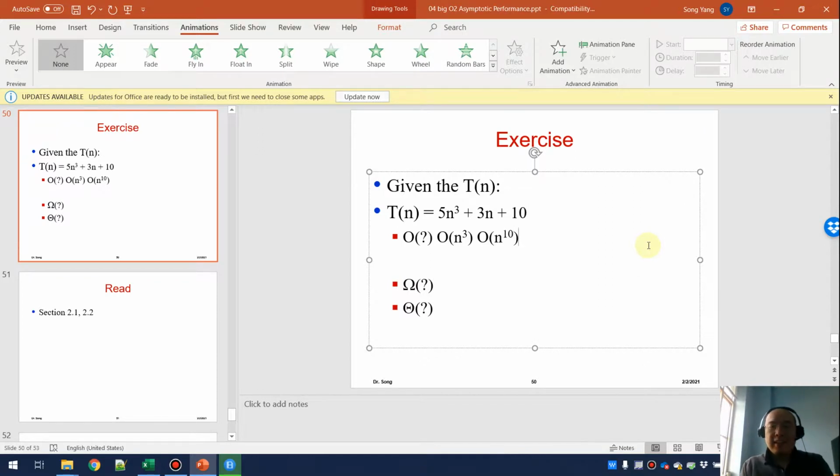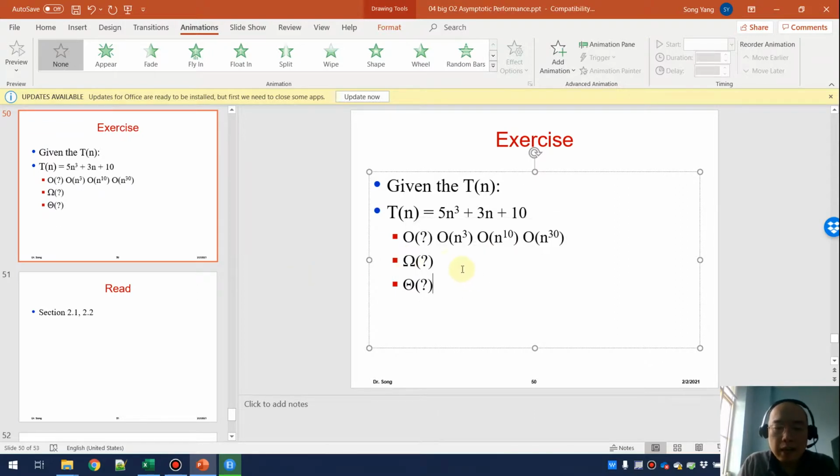Yes, it's right, because I'm using a higher degree polynomial. If O of n cubed is already an upper bound, then O of n to the 10, which is steeper, is also an upper bound, right? How about 30? Yes, it is still an upper bound. Okay, and how about omega?